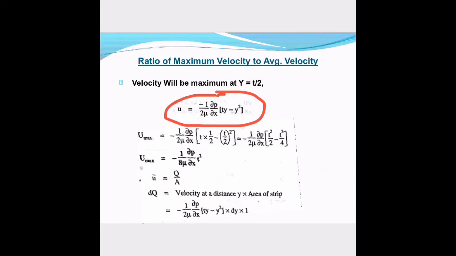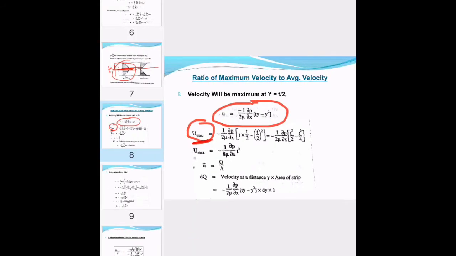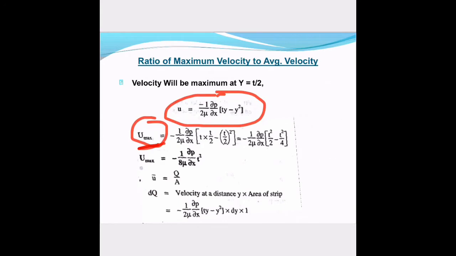So what do we have to find out? We have to find the ratio of maximum velocity to average velocity. We have already found the maximum velocity, u max, which is given by minus 1 by 8 mu del p by del x t square. After that, we have to find the average velocity.